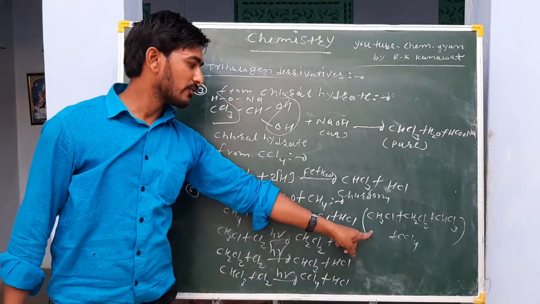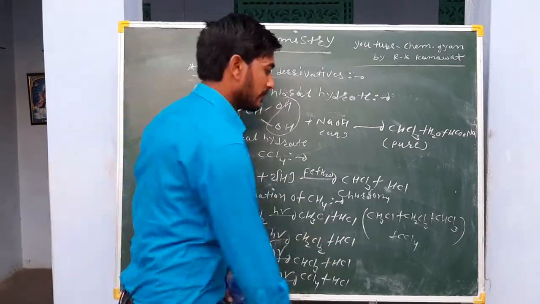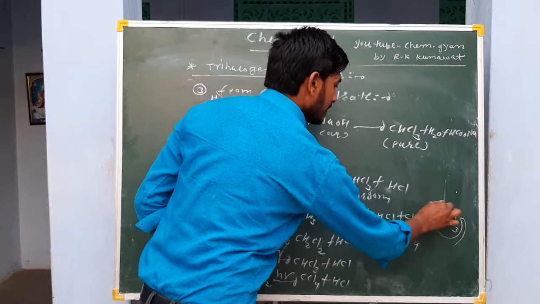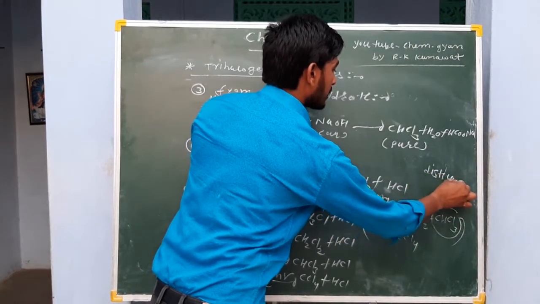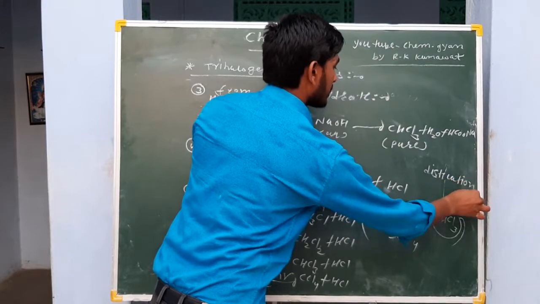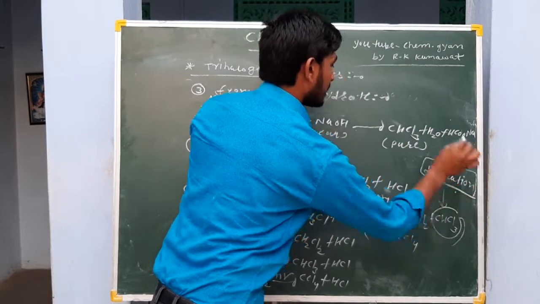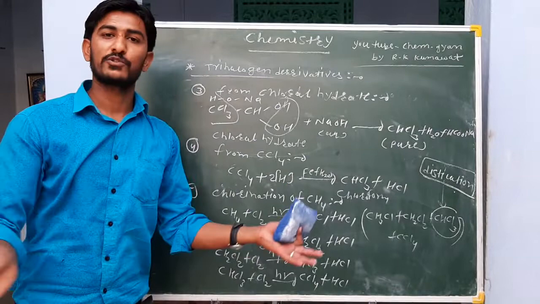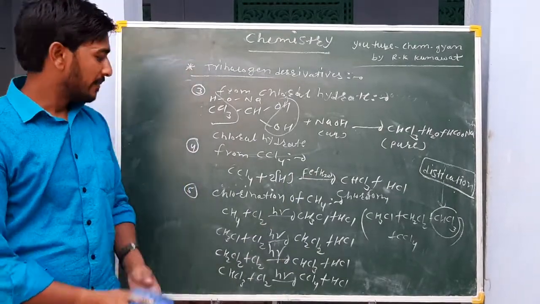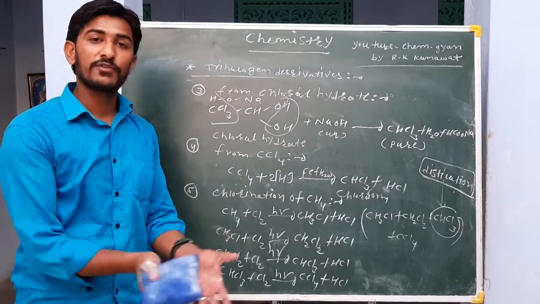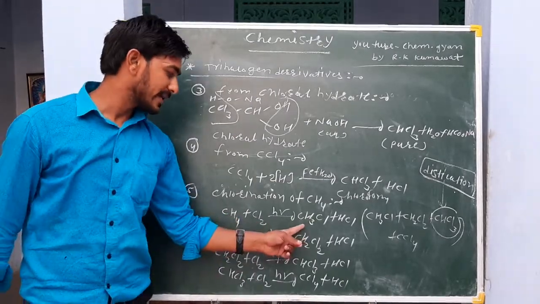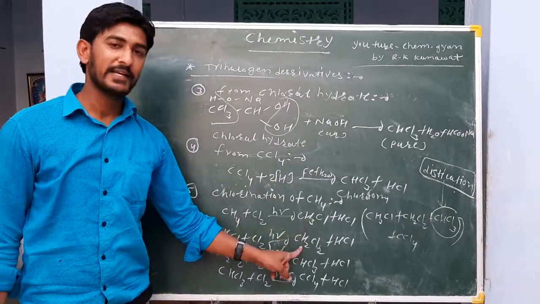They form as a mixture, and chloroform is isolated from it by distillation. Chlorination of CH4 product is formed in 4 steps. Number first step, CH3Cl methyl chloride is formed. Number second, methylene chloride.